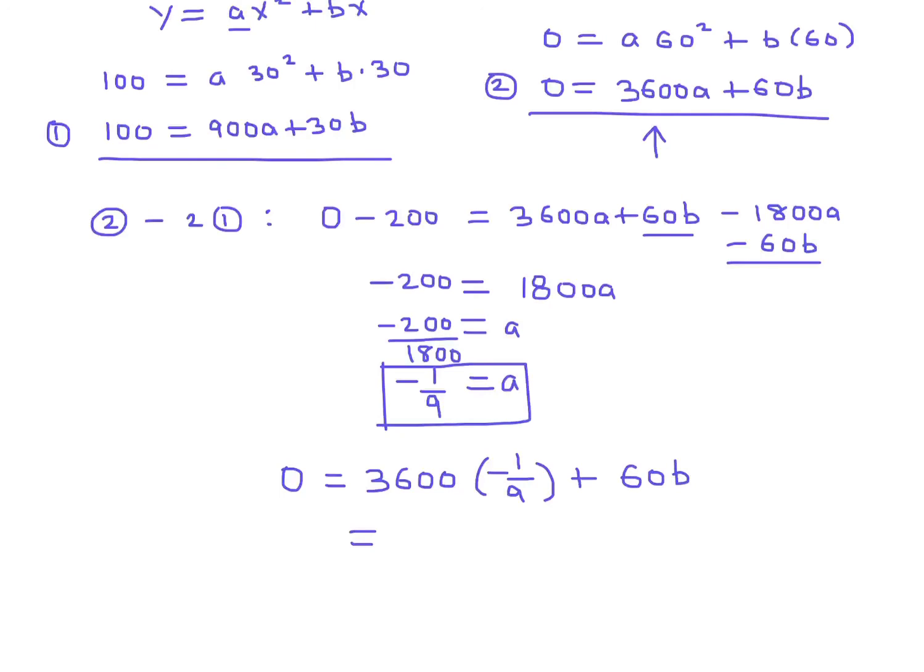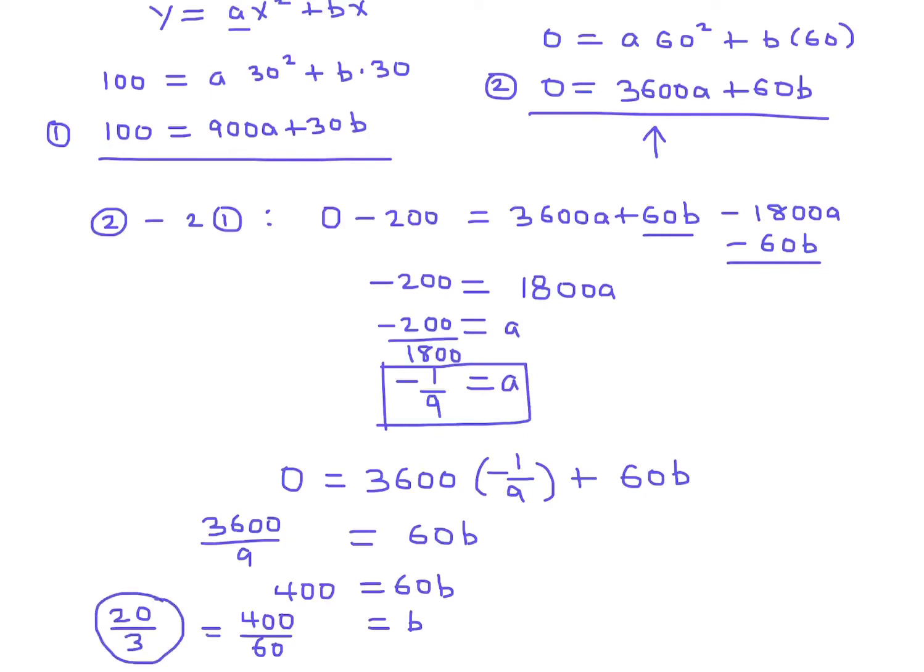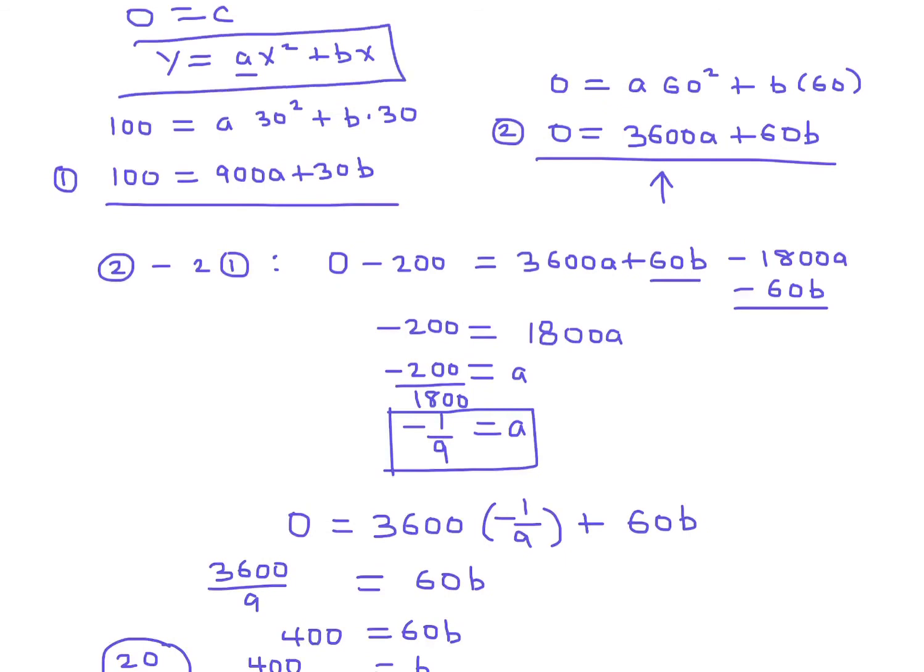Bring this over to the other side, and this becomes 3600 divided by 9 is equal to 60b. This is 400 is 60b. And therefore b is equal to 400 over 60, which reduces to 20 over 3. So there you go. We've got our parabola formula now.